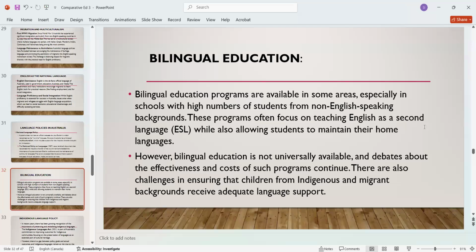However, bilingual education is not universally available, and debates about the effectiveness and cost of such programs continue. There are also challenges in ensuring that children from indigenous and migrant backgrounds receive adequate language support.